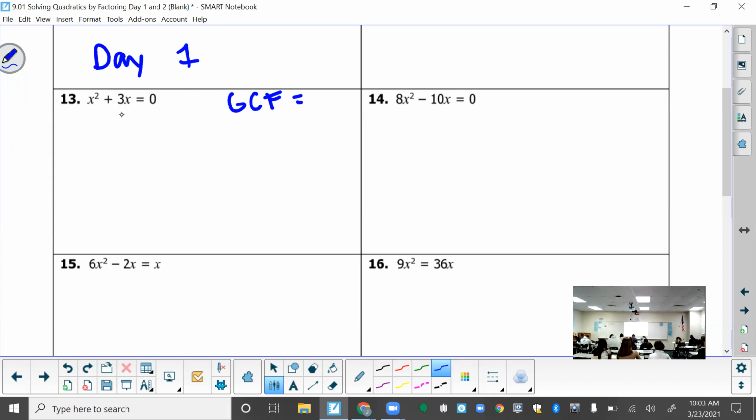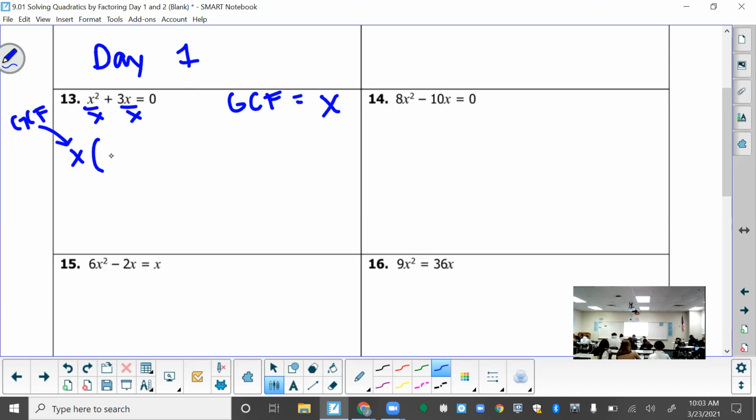What is the GCF? X. Right? The number is 1, the GCF would be 1, and we don't really care if the GCF is 1. So then you check the variables. We can factor out 1x from each term. So divide your GCF from each term. Put your GCF on the outside of your parentheses.